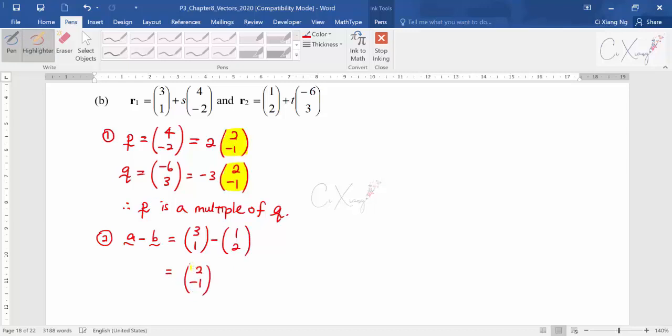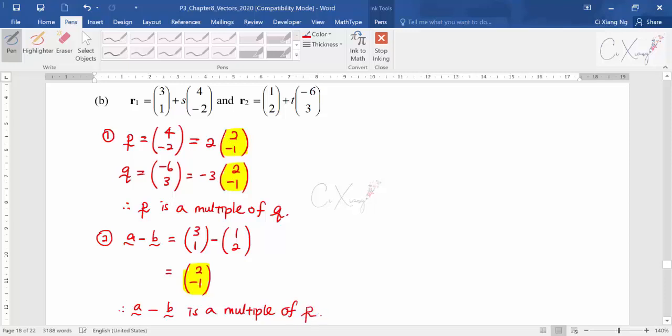So double check again: is A minus B a multiple of P or not? You will see that the basic vector for A minus B is also the same as the basic vector for the direction. So here you make a summary: A minus B is also a multiple of P or a multiple of Q.